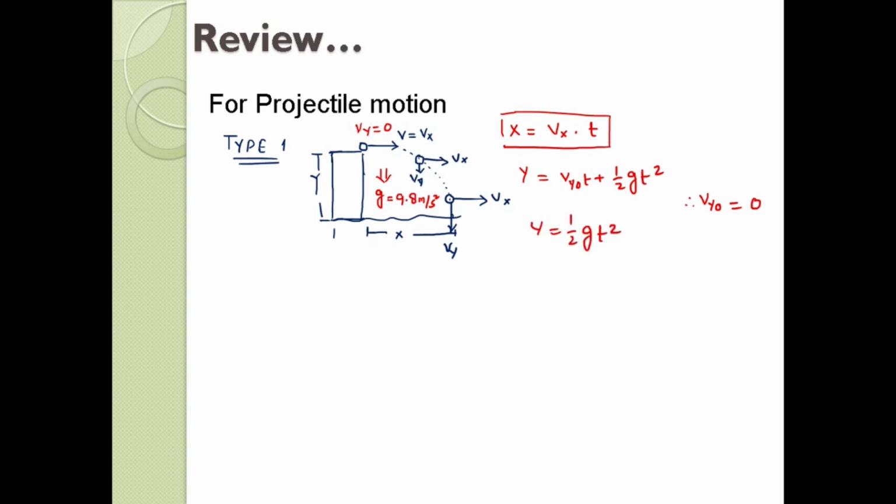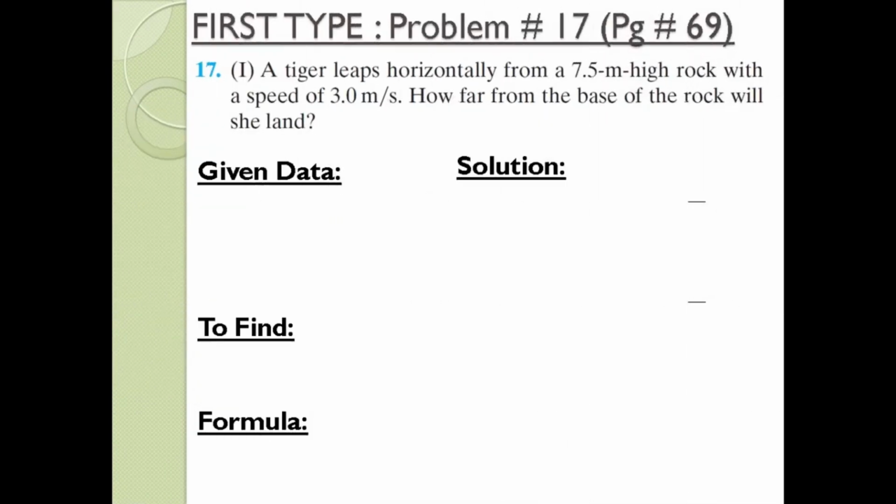So keep in mind that there are four physical quantities attached here: x, the horizontal distance; y, the vertical height; then time; and Vx, the horizontal velocity. To understand this, let me move to the first similar type of problem.